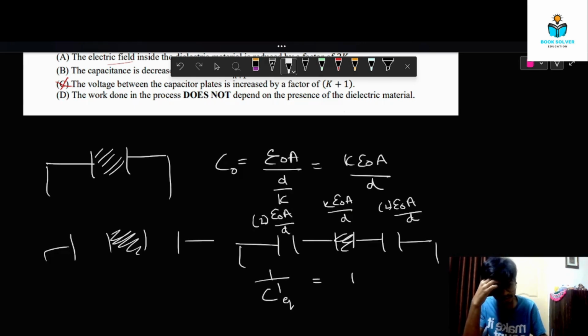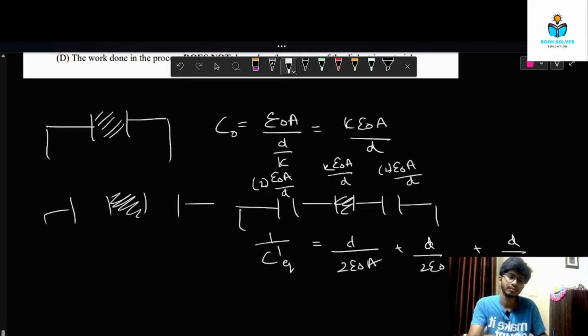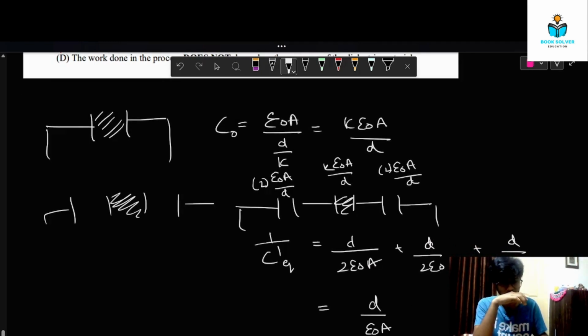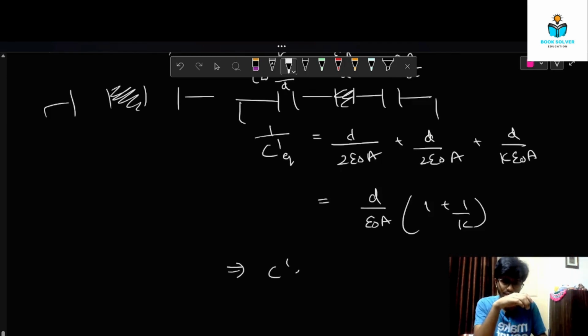Okay, now we can write them. So we can take the epsilon naught A common, 1 by 2 plus 1 by 2 becomes 1, plus 1 by K. That implies that C dash equivalent is equal to K epsilon naught A by d into K plus 1.